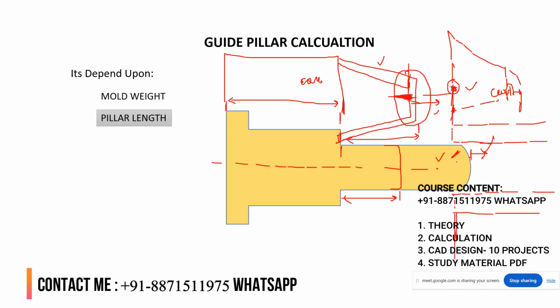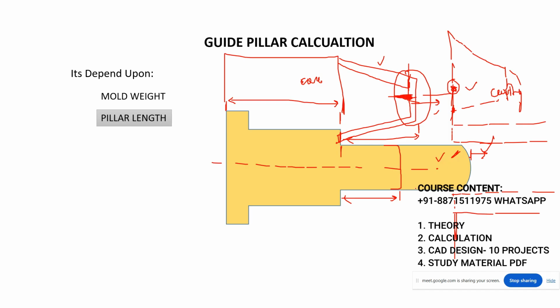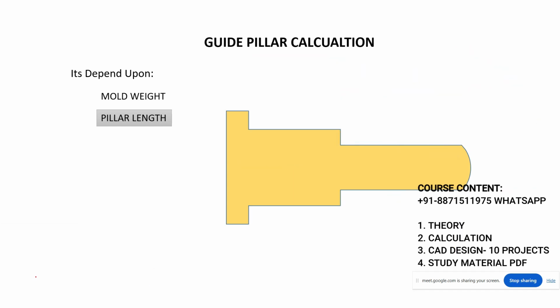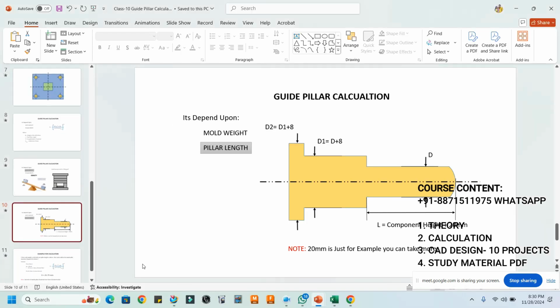Okay. So by the guide pillar and by the guide bush, we are aligning this core and cavity, right or wrong? So first of all, the pillar should enter into the bush. Understood or not? Yes, sir. Or confused? Understood or confused?